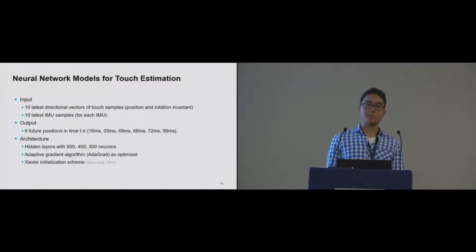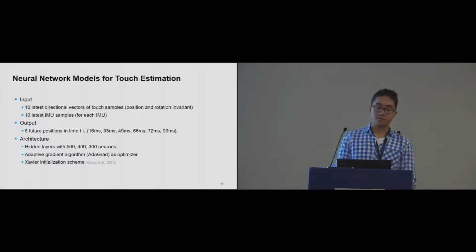And for each IMU that we used in the model, we included the 10 latest samples of the IMU. And as output, we have the X and Y position of the future touch positions in steps of 60 milliseconds. So we chose these steps since this corresponds to the sampling rate of a 60 Hz touchscreen.